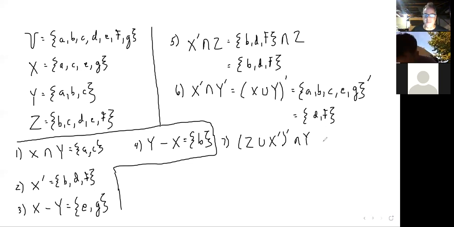So again, step at a time, work on the innermost grouping symbol, kind of evaluate the exponent, which in this case, analogously, would be the complement. So all I'm doing to start is I'm going to find X complement. That is it, one thing. So X complement was BDF.